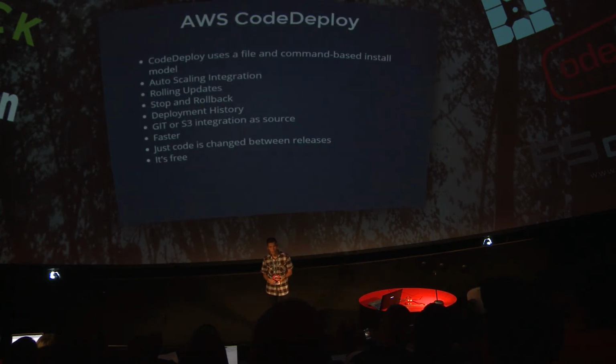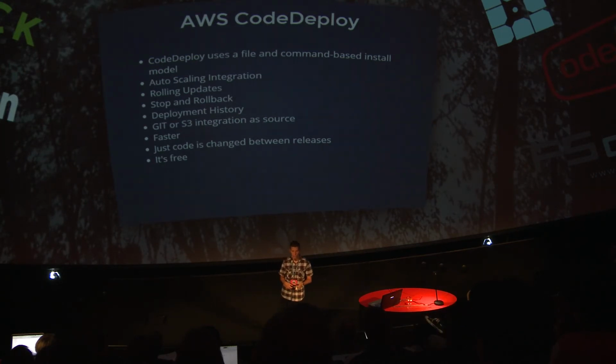We can use AWS CodeDeploy, which is a file and command line deployment tool. It does support auto-scaling groups, so you can target only one scaling group. It does support rolling updates, which gives you the benefit of, for example, sending your deployment to 30% of your instances.